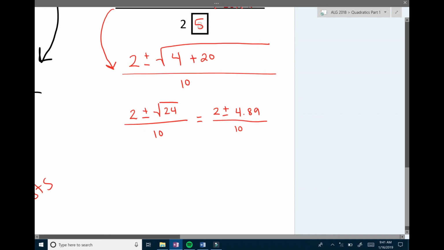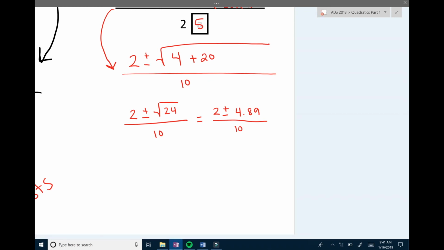All right. So now this one worked. Because it's positive, I can continue this problem. All that I did was put the radical symbol in my calculator and press 24, and it gave me 4.89.